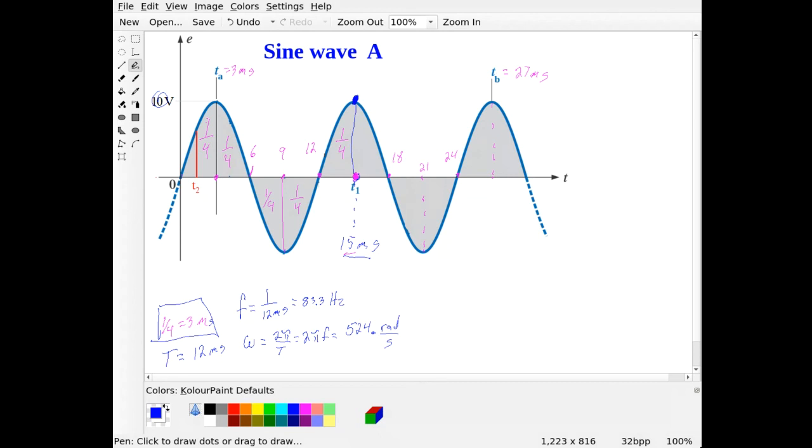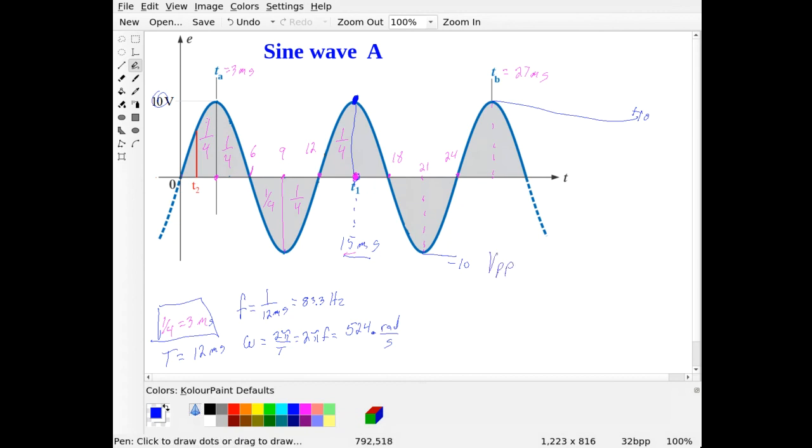All right. And so now the peak to peak value. We're stating that the peak value here is plus 10. So the negative peak is minus 10.